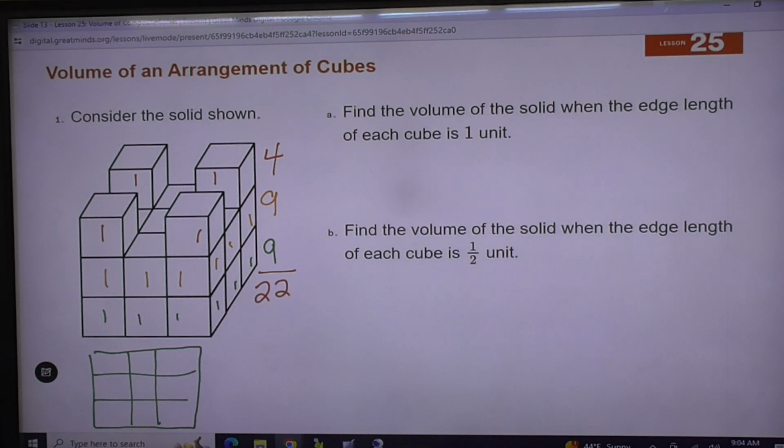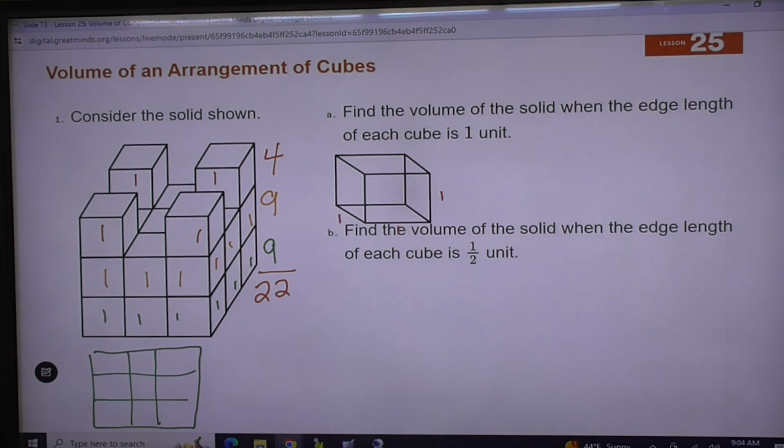Okay? So, if we are looking at one of those cubes, so here's one of those cubes, and part A is telling us that all of the edges are equal to, not 3, why am I writing 3? 1.